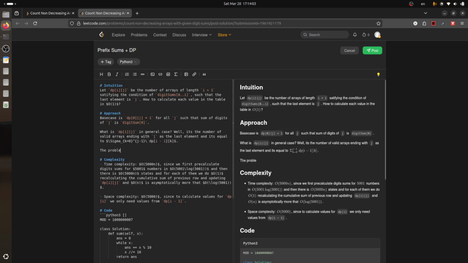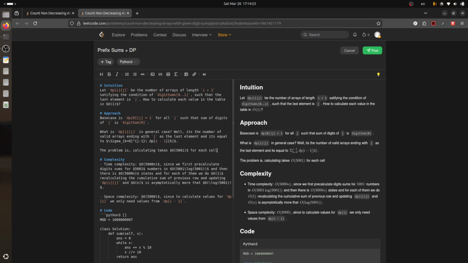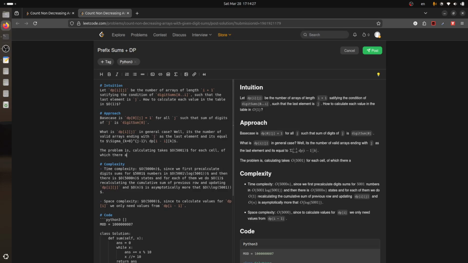The problem is that calculating this for each cell takes O(5001), for each cell of which there are 5001 n.